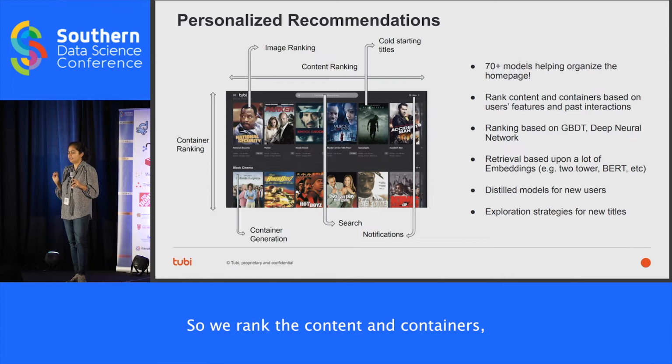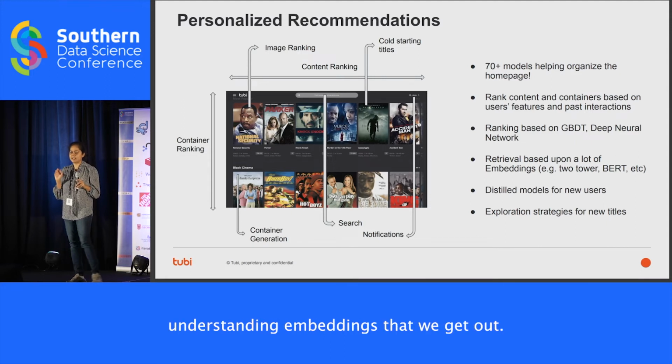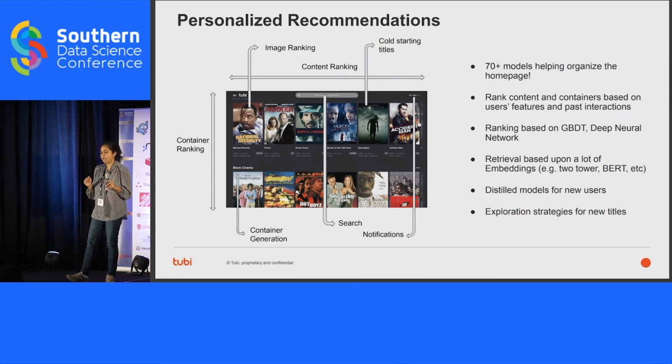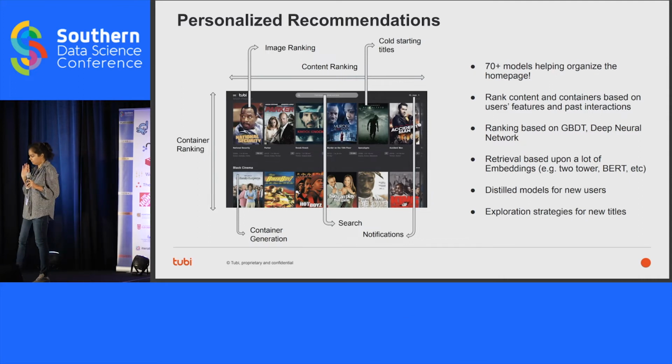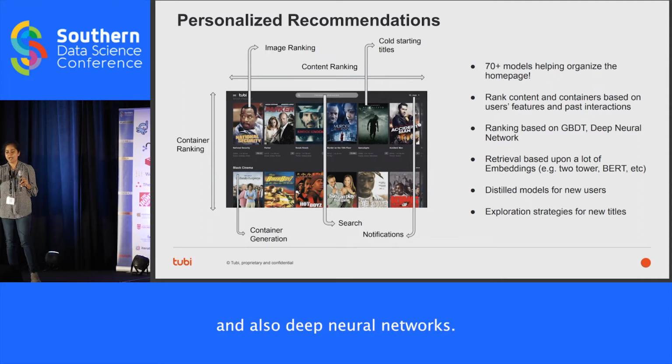We rank the content in containers, as you can imagine, based upon the user features, past interactions, and also with the help of the content understanding embeddings that we get out. And the ranking is typically based upon gradient boosted decision trees and also deep neural networks.